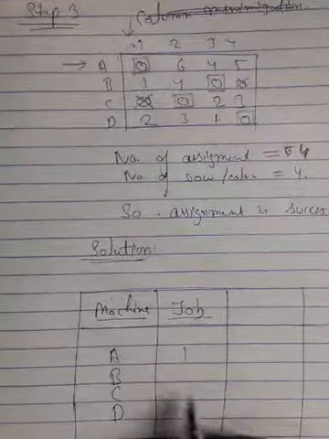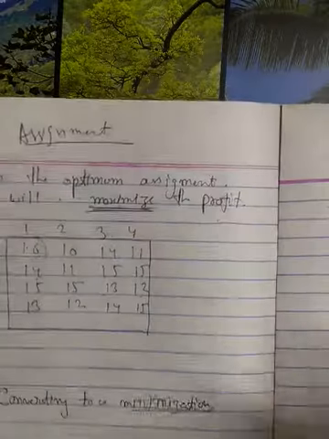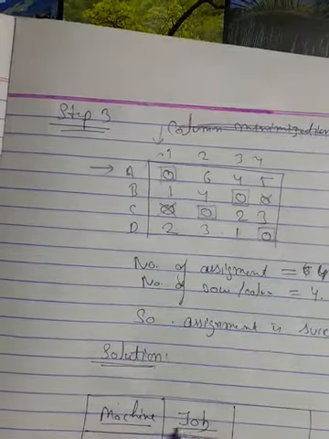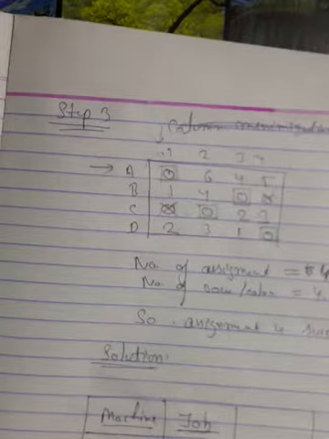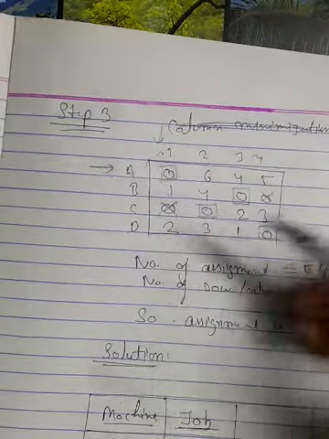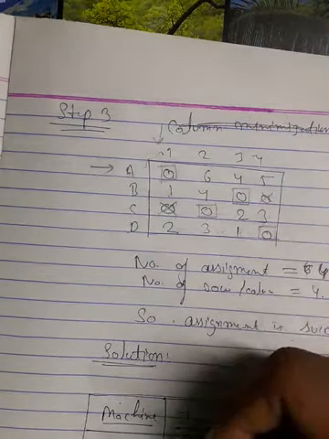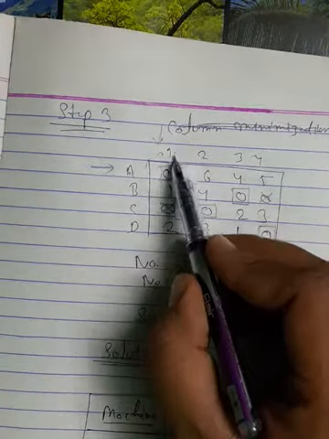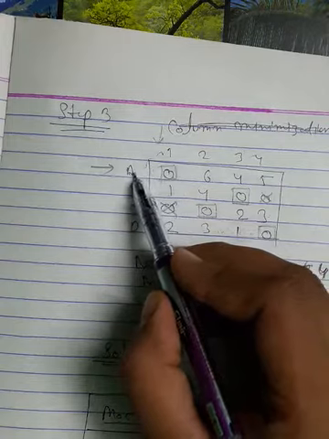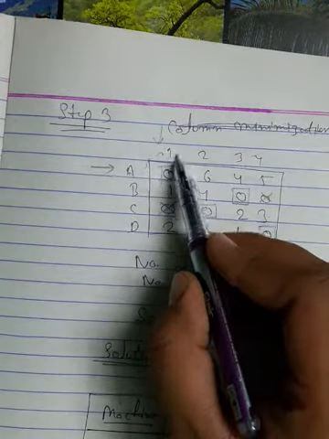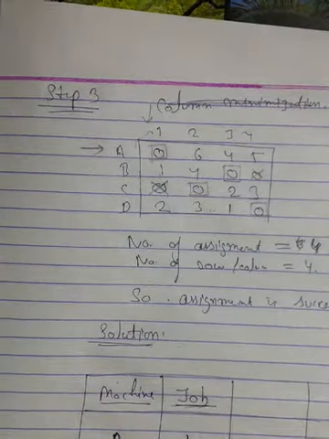Here, for each machine, you write which column is assigned. For the first row you have the assignment in the first column, so you write job 1.